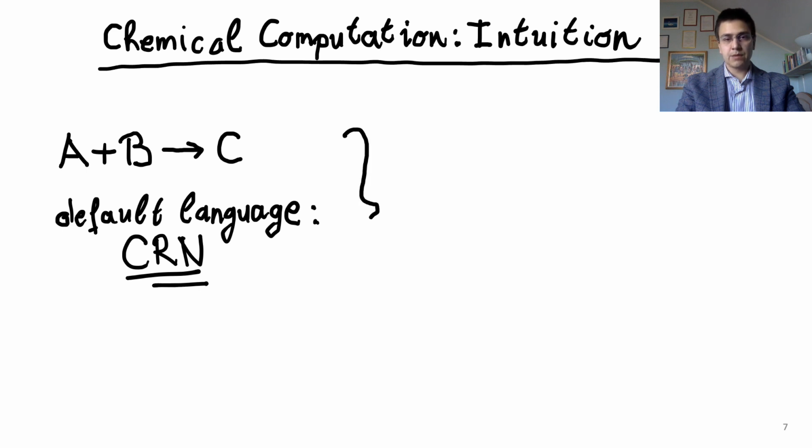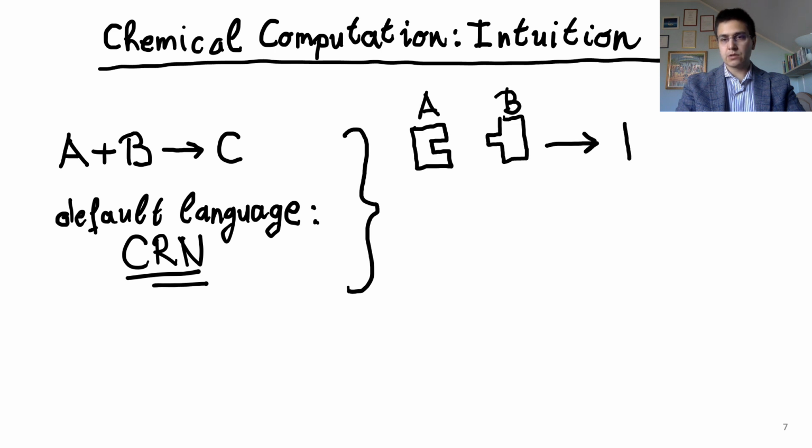And now to describe A plus B goes to C, let's say we have a molecule of A as shown, molecule of B as shown, and they are compatible with each other, so they can interact, producing molecule C.